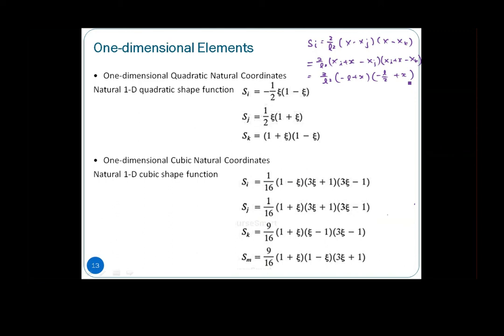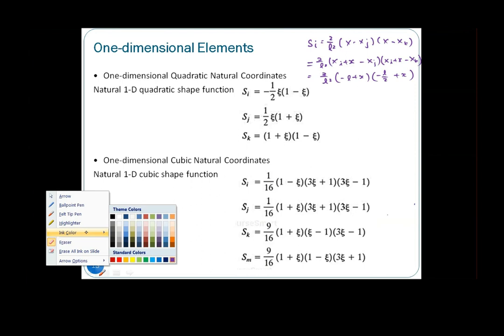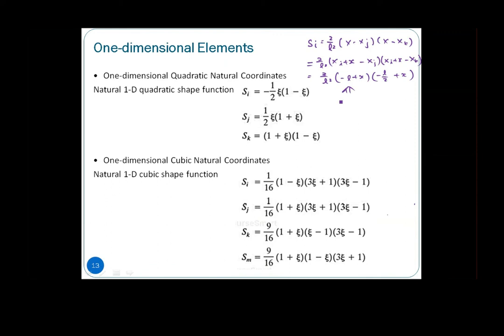All right, so rearrange it. Then we have this in local coordinates: 2 over L square, x minus L, x minus L over 2. That will be our shape function I for quadratic elements in local coordinates.